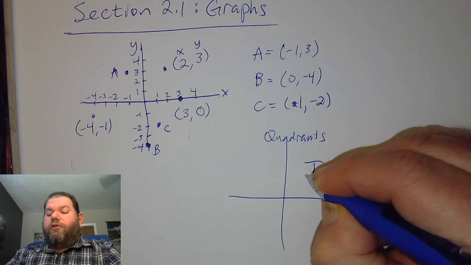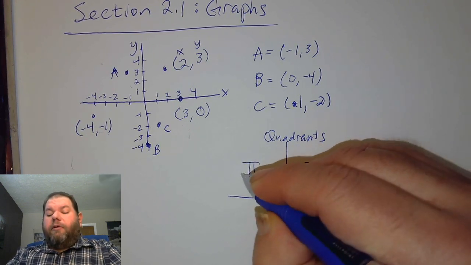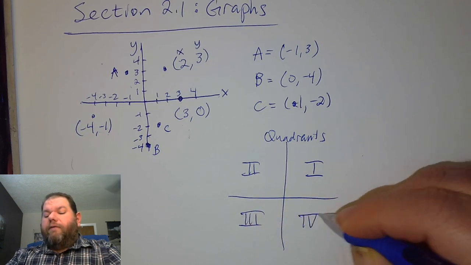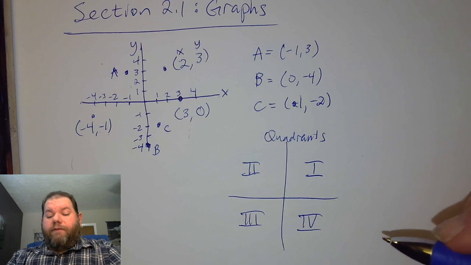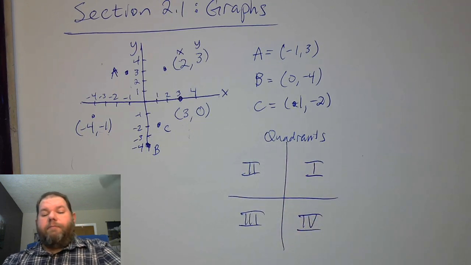The first quadrant is always where everything's positive. And here, second quadrant, third, and fourth. We use Roman numerals to identify them. And we go counterclockwise, starting from that first quadrant.